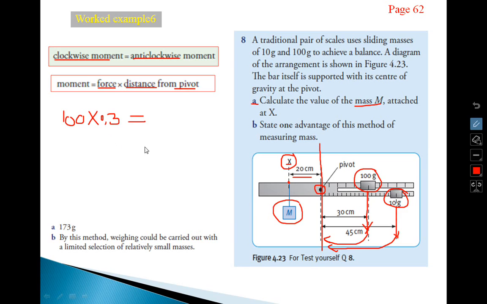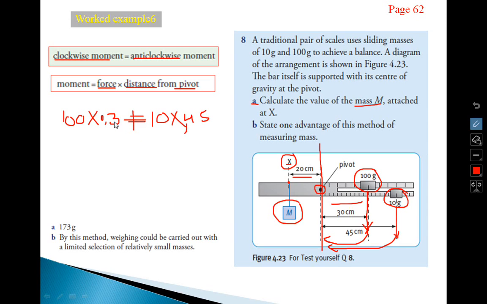Equal to what? 100 times this distance, sorry, plus what? 10 times what? This distance is 45 centimeter. 10 times 45 centimeter.